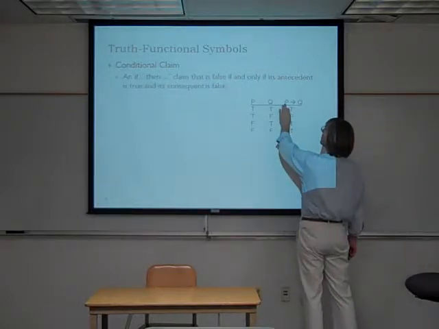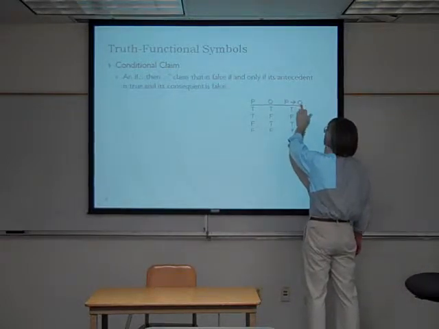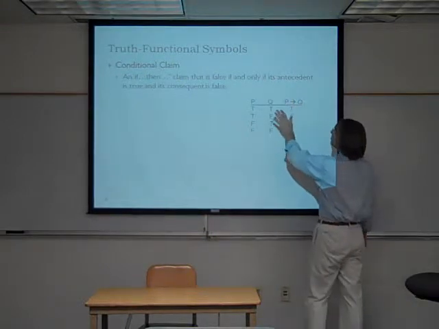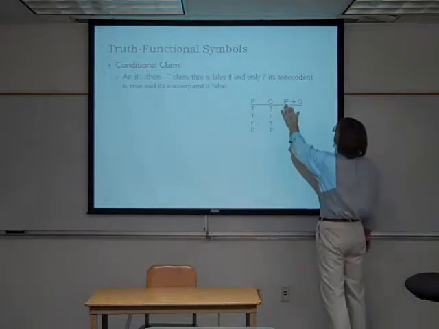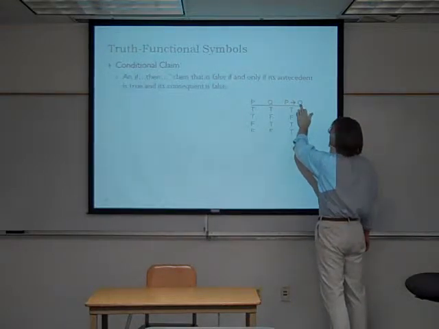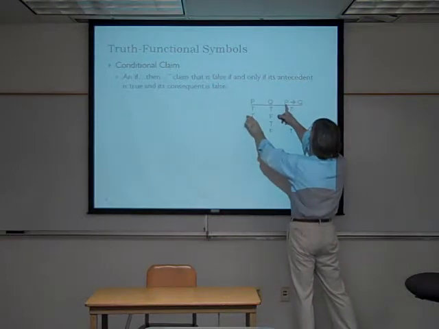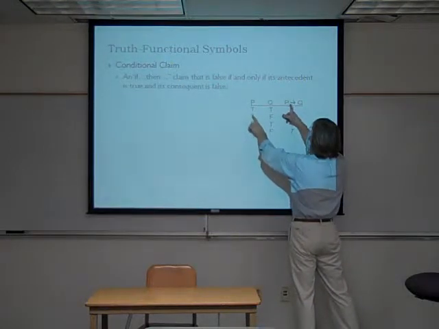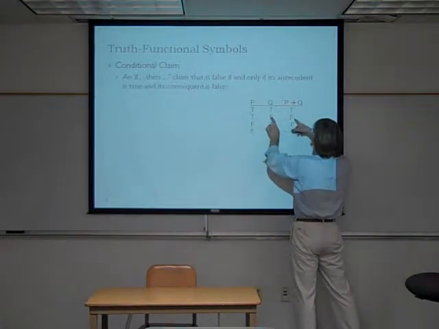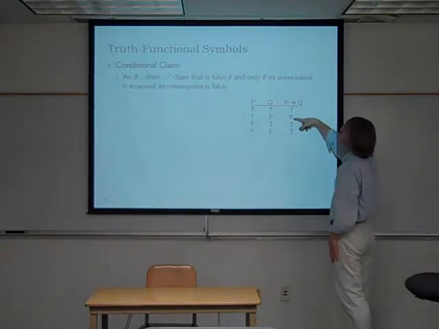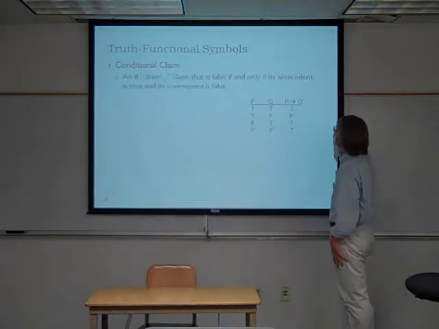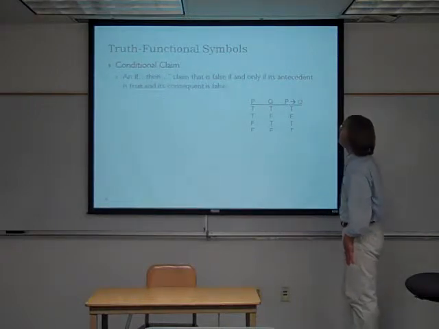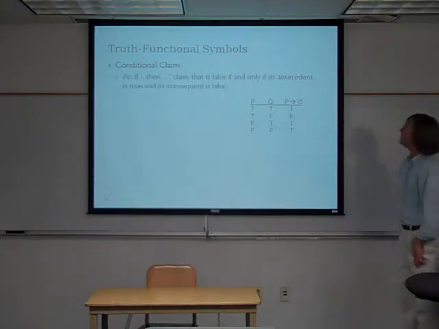So the first part is the antecedent, the second part is the consequent. And in order for a conditional claim to be false, its antecedent must be true and its consequent must be false. So P must be true and the consequent must be false. Right here is the only area where the conditional claim is false. On all other conditions, all other truth values, the conditional claim is going to be true.